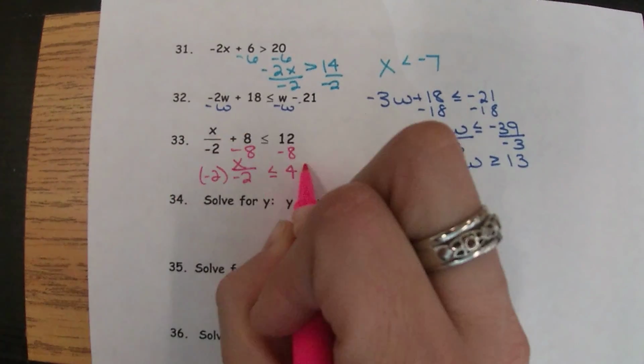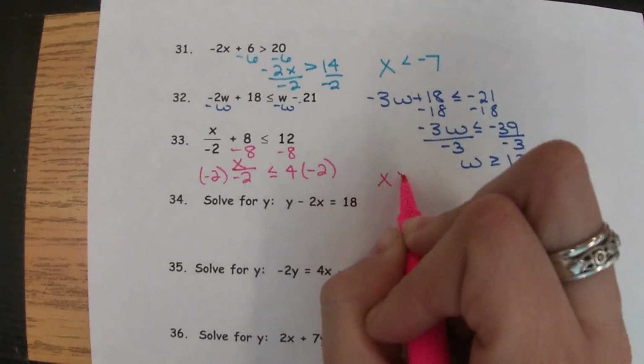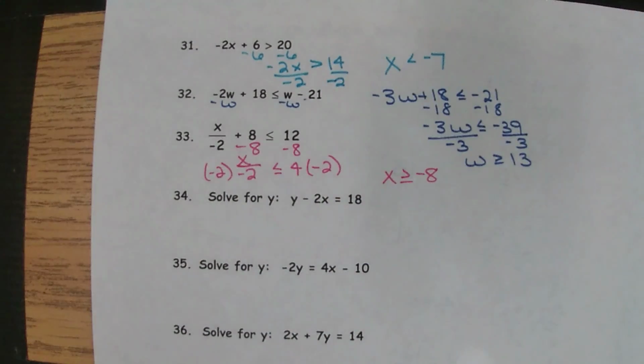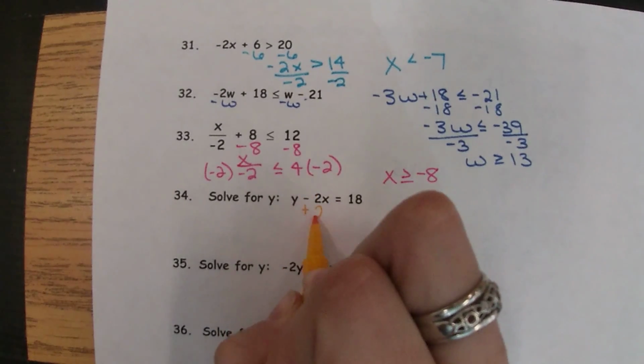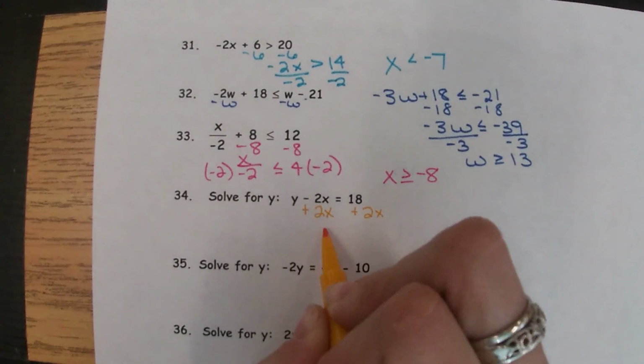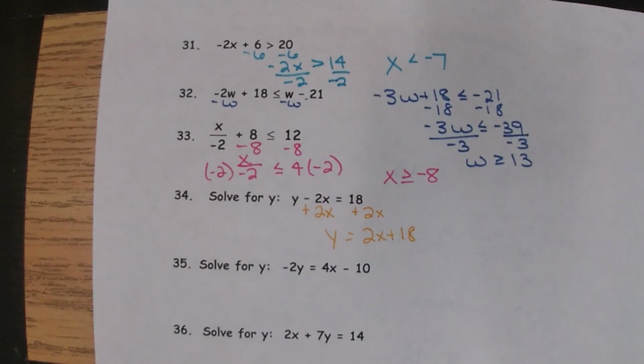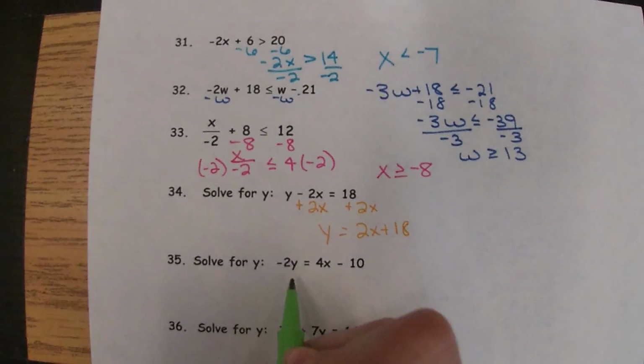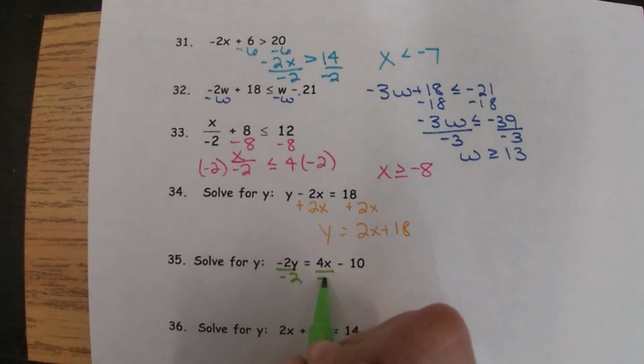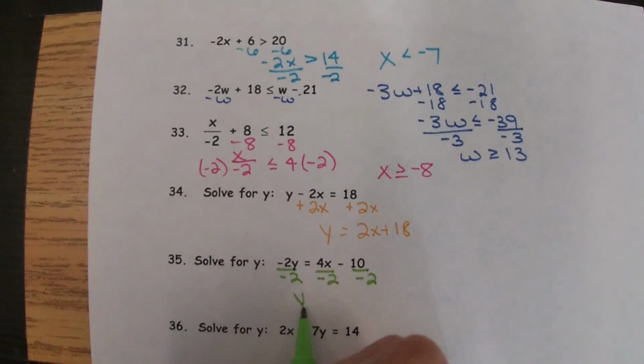Right, we'll multiply by -2. Multiplying by a negative is also a reason to flip the inequality sign. Solve for y, so we want to move the x away. Undo multiplication with division.